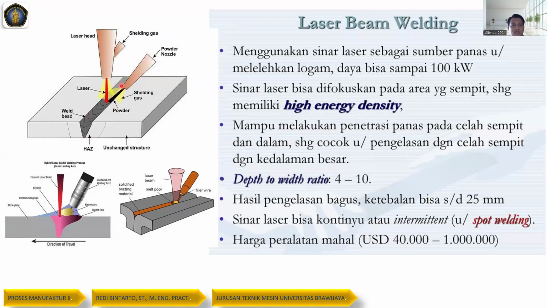So the laser would be hitting the metal, and the powder of the metal would fill the gap, and then hit by the laser, and then they can join both metals by laser. This is very effective, and the result is very good, but it's expensive.